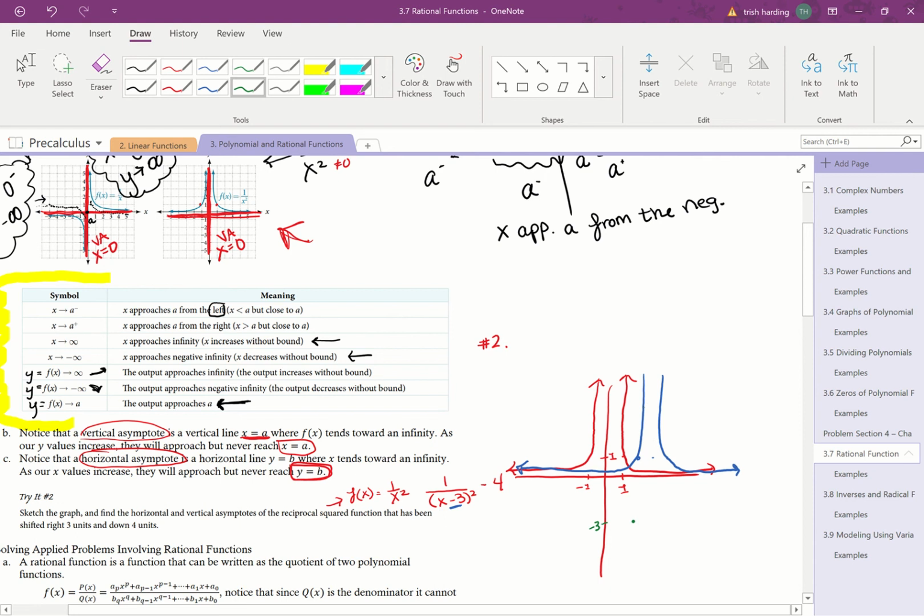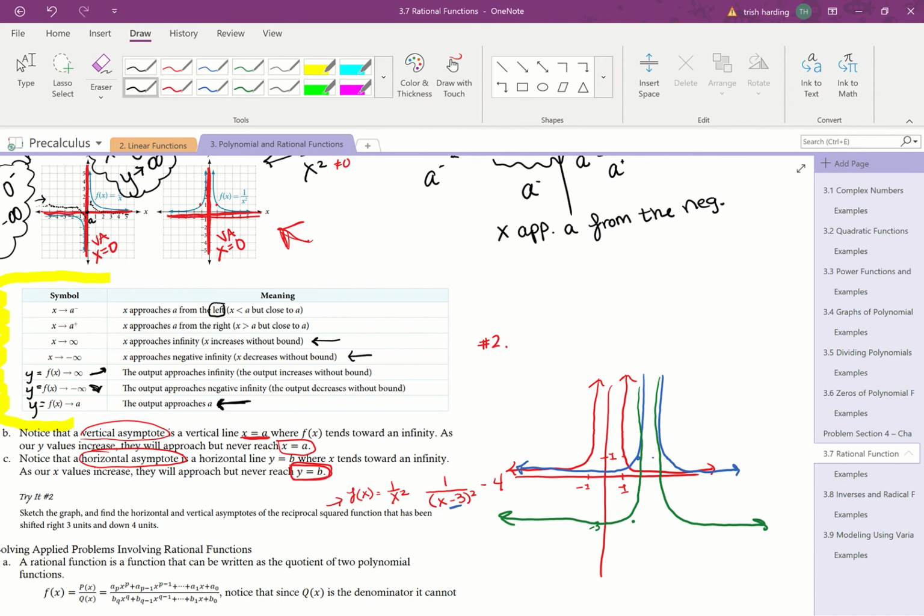So it is going to be something like this. Now, notice what they want you to notice: here, this is x equals 3.